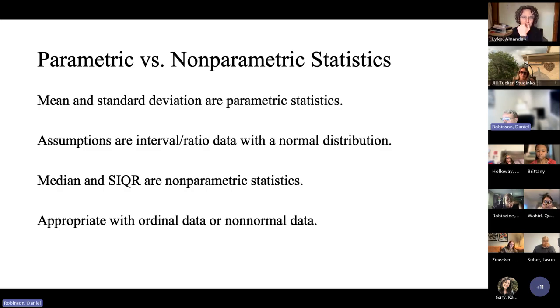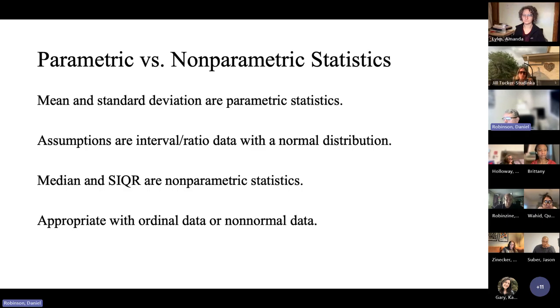So if you have something like that, or if you simply have ordinal data, if those scores represented, like, rating those students in terms of how good they were in your class as a student, then you would want to use what are called non-parametric statistics. The median and the semi-interquartile range are called non-parametric statistics, and they're more appropriate with ordinal or non-normally distributed data. And I'll show how that works.